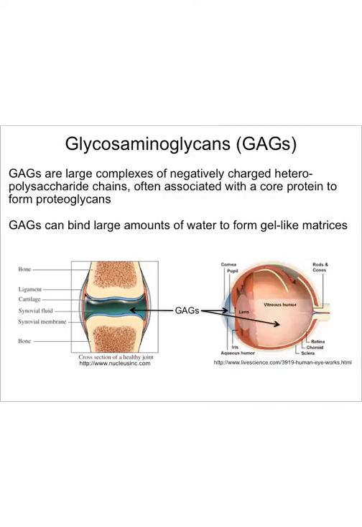So GAGs are large complexes of negatively charged heteropolysaccharide chains, so not lipids in this case, but polysaccharides, and they're often associated with some core protein that makes something called proteoglycans. These proteoglycans are extracellular matrix molecules that can bind a lot of water and make gels, and they're used in parts of the body that need lubrication, like joints, or large volumes of gel-like liquid, like inside of your eyeball.